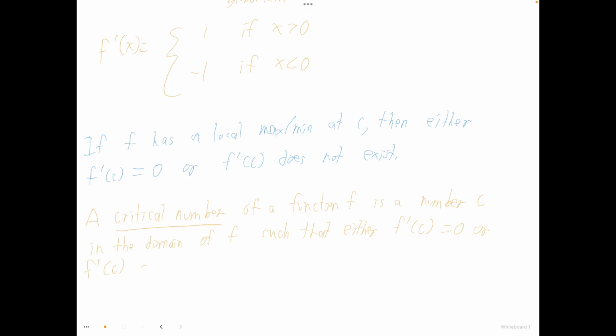I should have said it's a number C. So critical numbers are all of the places where we potentially have a local minimum or maximum. They're the places where either the derivative does not exist or the derivative is 0.